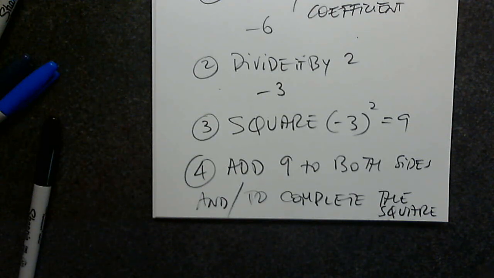So let's review the steps and then we'll proceed. Identify the middle coefficient, negative 6. Divide negative 6 by 2. Square negative 3. Add 9 to both sides.